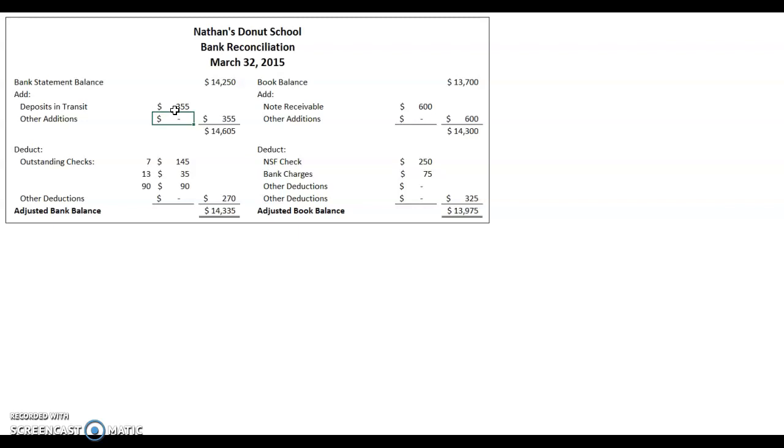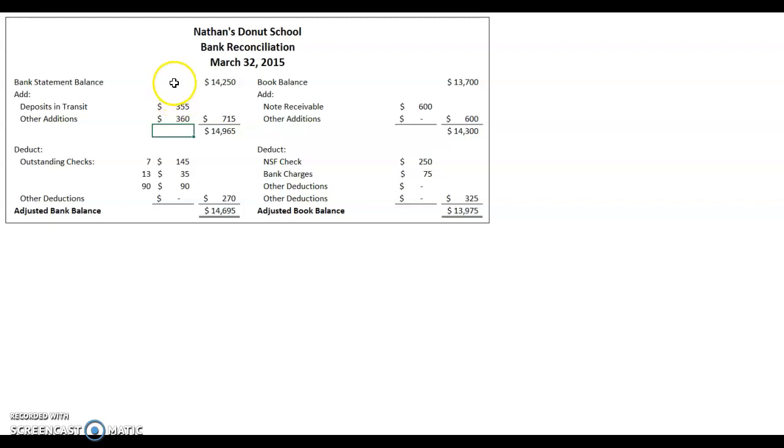The bank cleared it for only $370. So really, we need to deduct another $360 from our bank account. They didn't deduct enough out for that check. So you do have to think a little bit about those errors.